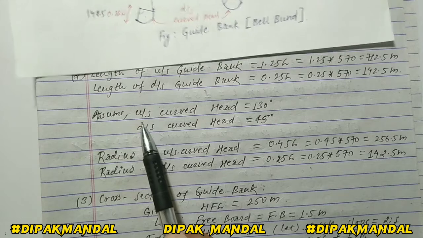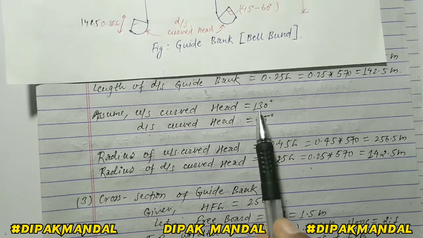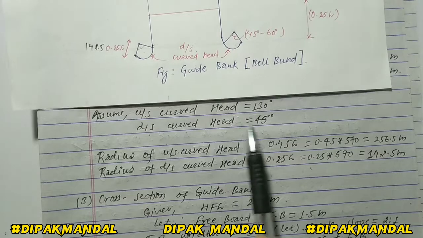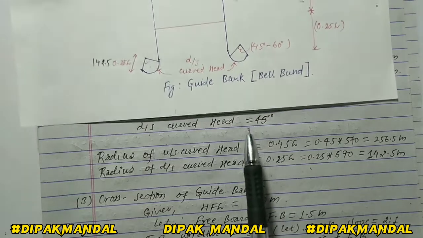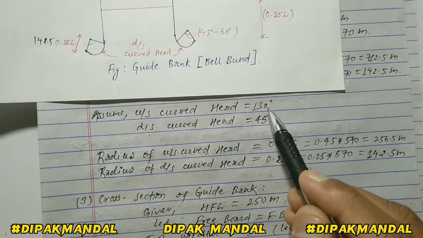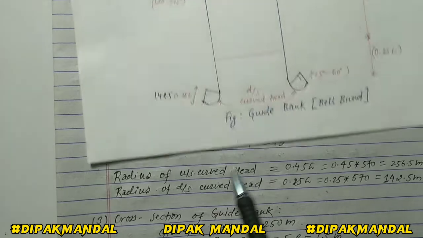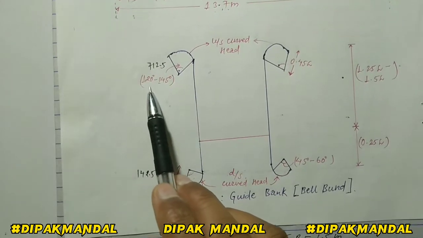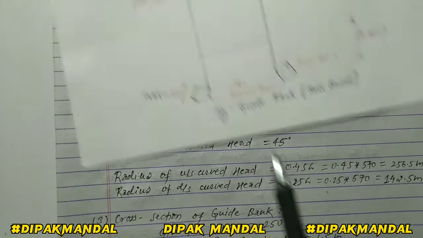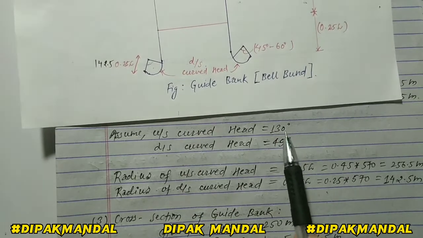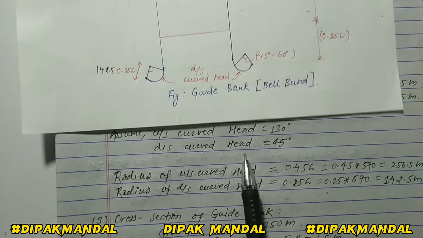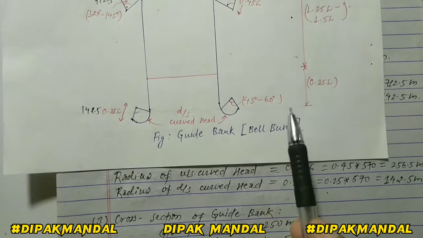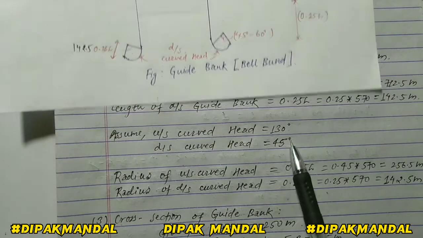Now we simply assume the upstream curve head angle equal to 130 degree, and the downstream curve head equal to 45 degree. The range for the upstream curve head is between 120 degree to 145 degree, so we just assume 130 degree, and for the downstream curve head we take an angle between 45 to 60, and we just take 45 degree.